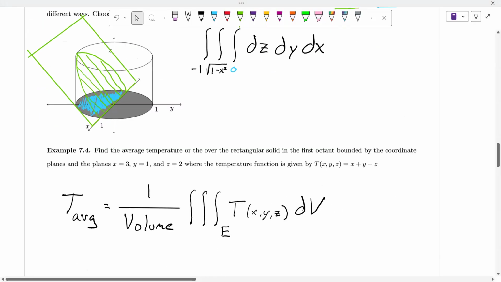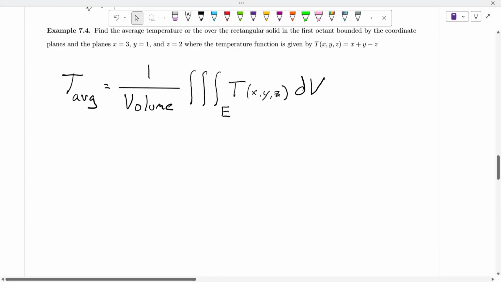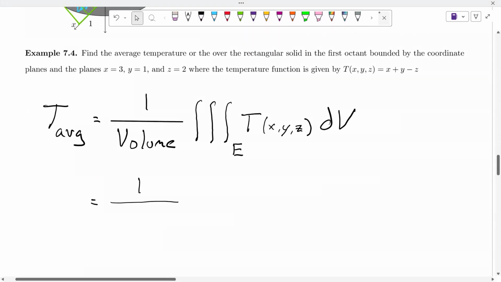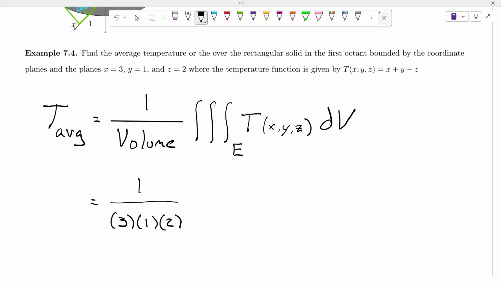So let's start with the one that we were just working on, just because I know it'll be nice and easy. If I want to calculate this average value, this looks like 1 over the volume of a box bounded in the first octant, so zeros for x, y, and z. And its dimensions are going to be 3 by 1 by 2.